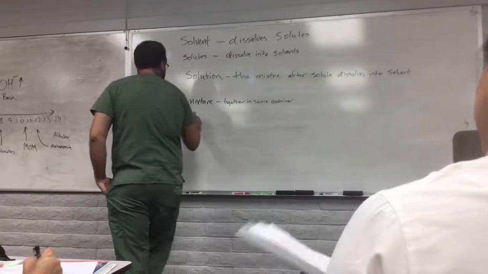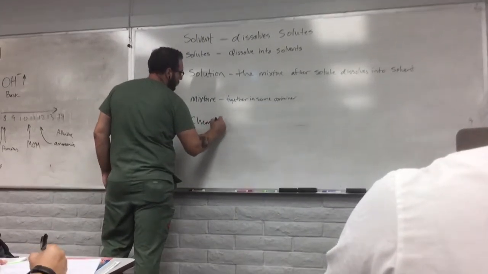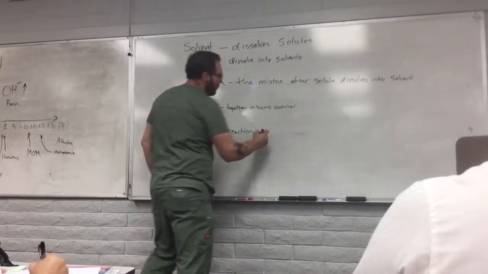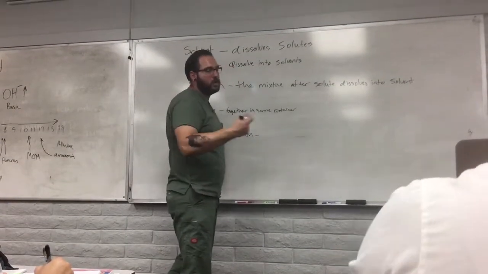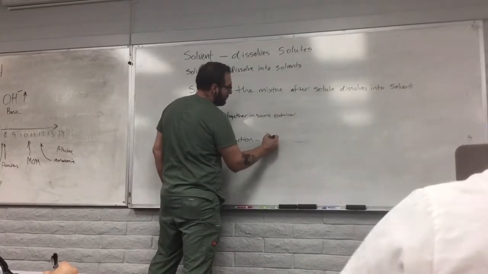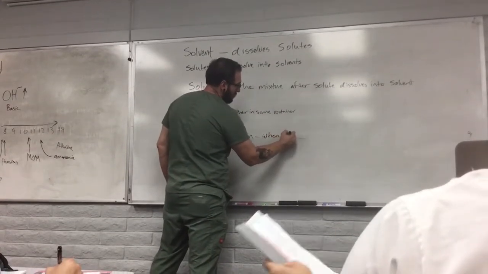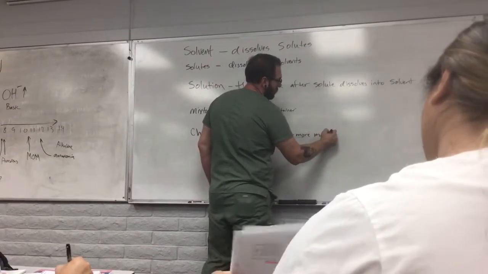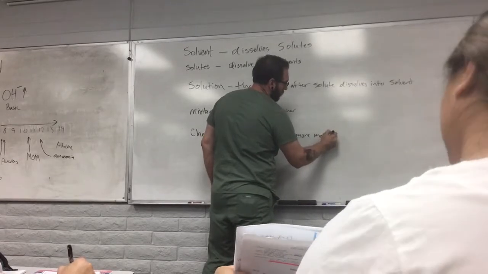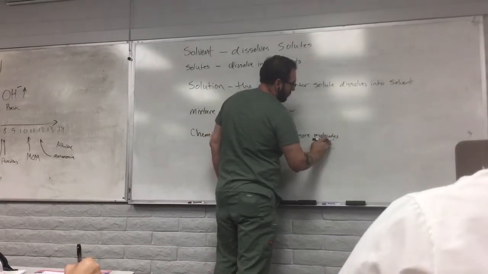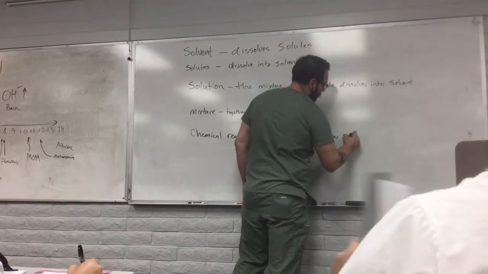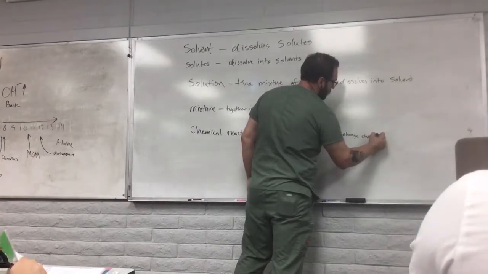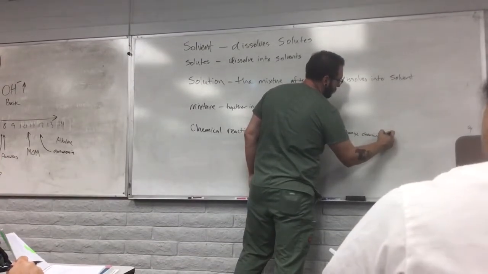Okay, so a chemical reaction. Ammonia and bleach. So when two molecules come together, at least two, it created an explosion, and it causes another reaction.